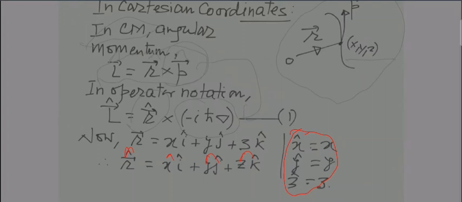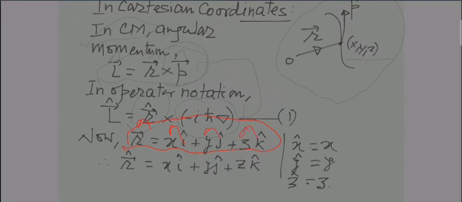The position observable is equivalent to its operator itself. So clearly your r hat is equal to x i hat plus y j hat plus z k hat. You write the value of the position vector like this, then put the hat to denote the operator form.